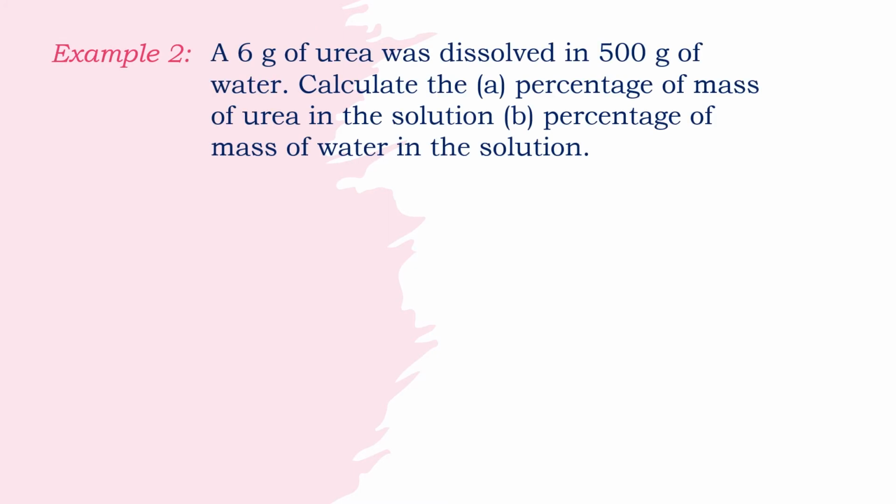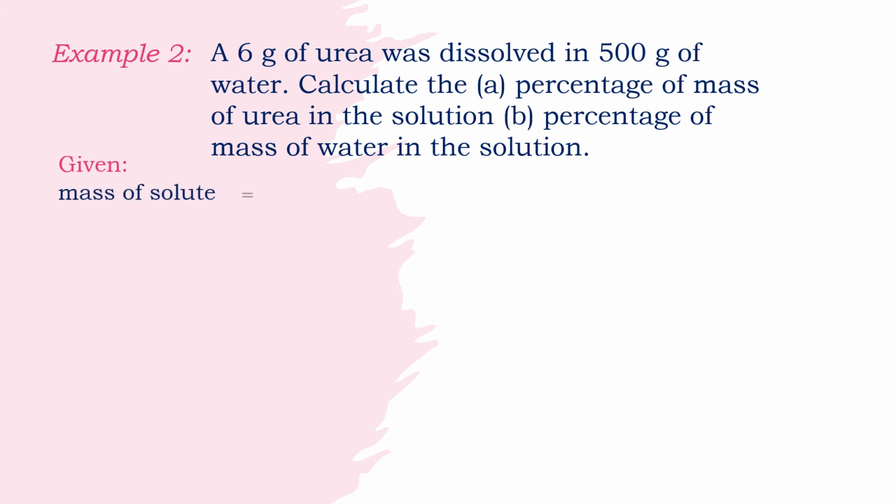Okay, for our next example, we have 6 grams of urea was dissolved in 500 grams of water. So, ano yung hahanapin natin dito? Calculate the percentage of mass of urea in the solution, that is letter A. For letter B, hahanapin po natin is the percentage of mass of water in the solution. So, find out first the given. What are the given?